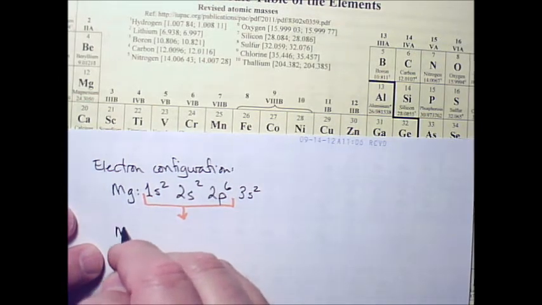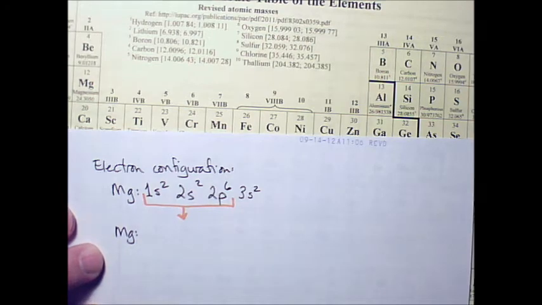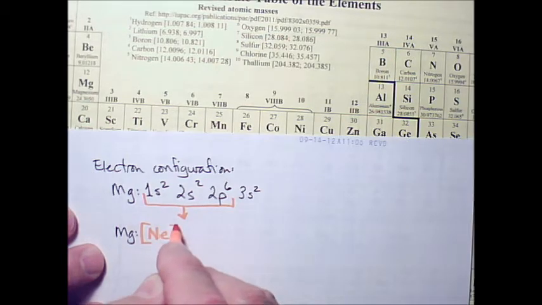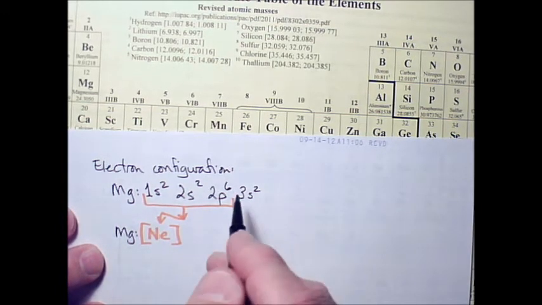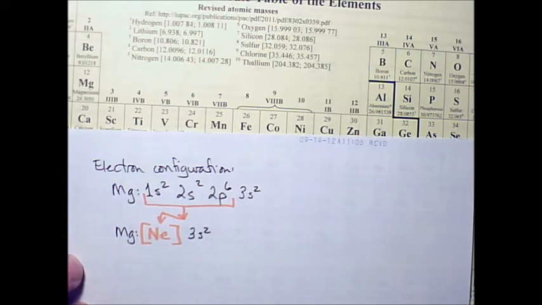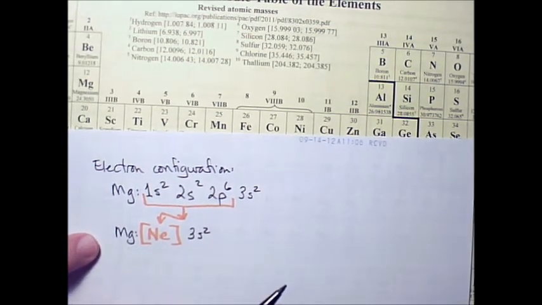So we're still going to write the symbol for the element, magnesium, but now instead of writing all of this, we're going to put in the symbol for neon. So all of that's been taken out, and we've replaced it with that. All we have to do is write this on the end of it. And that's the shortened version, or the noble gas version, or the shorthand version.